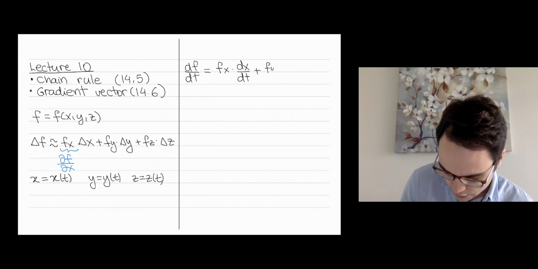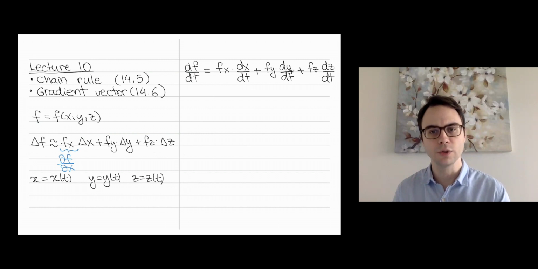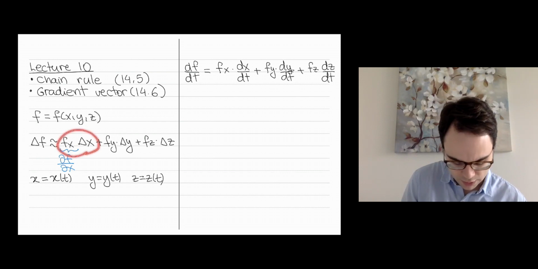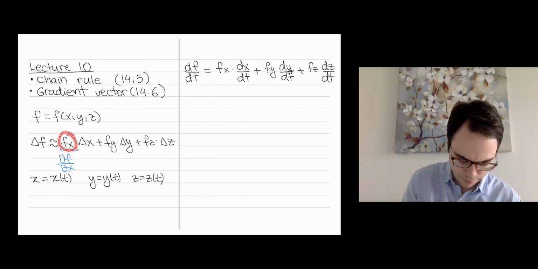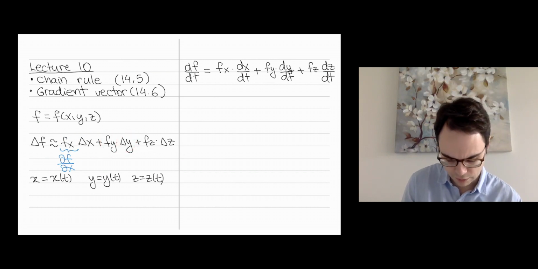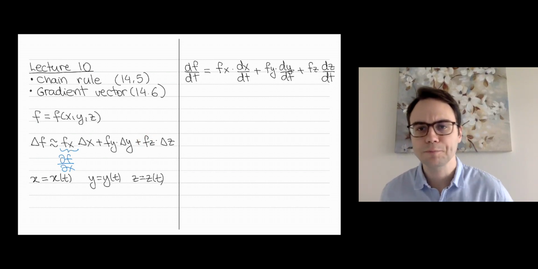There's the other contribution coming from y, a similar term, and also a contribution coming from z. So if t changes, x, y, and z are going to change, and the change in x comes together with the x partial, the change in y comes together with the y partial of the function, and the change in z comes together with the z partial.